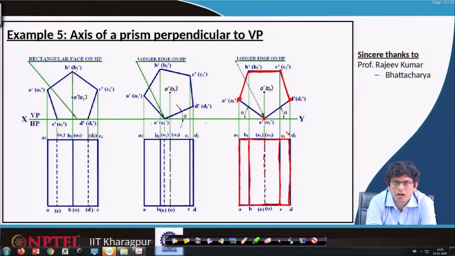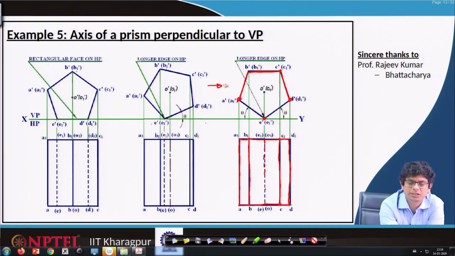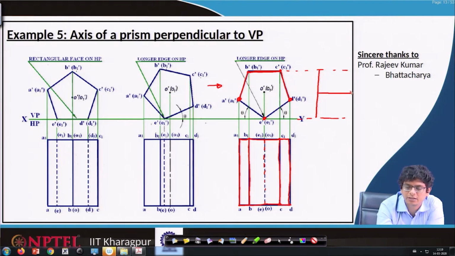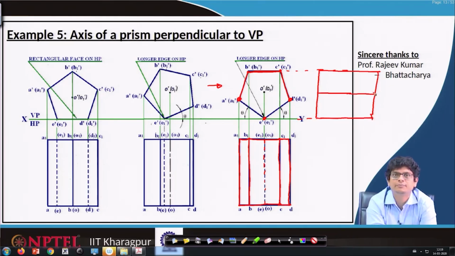If I would like to draw a side view of that prism, for example, from this direction I would like to visualize, then these lines map there. This one goes to a rectangle, this one we start seeing something like that, perhaps this entire thing, in that way we will see.